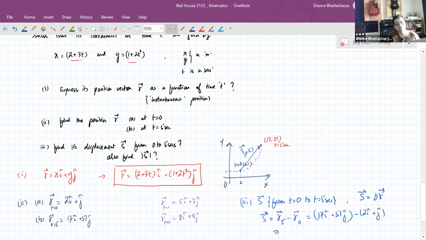So the displacement vector for this interval of time from 0 to 5 seconds is going to be 15 I cap plus 50 j cap. This is the displacement from t equal to 0 to 5 seconds. Specifically, if I take some other interval of time, the displacement will change.